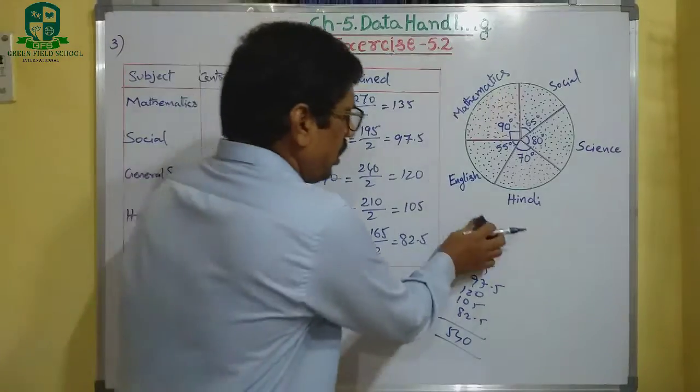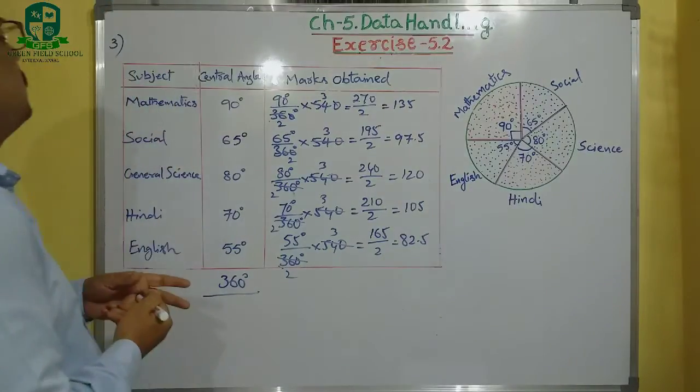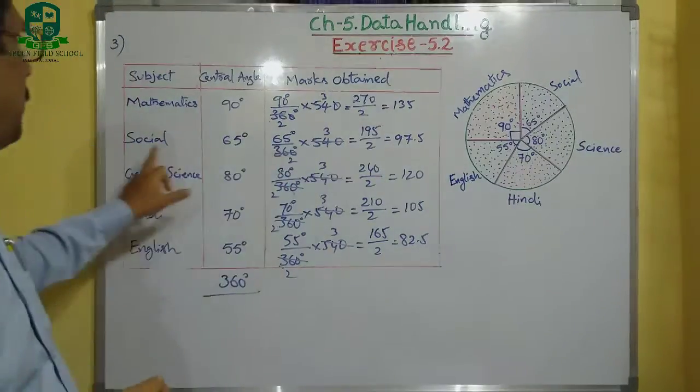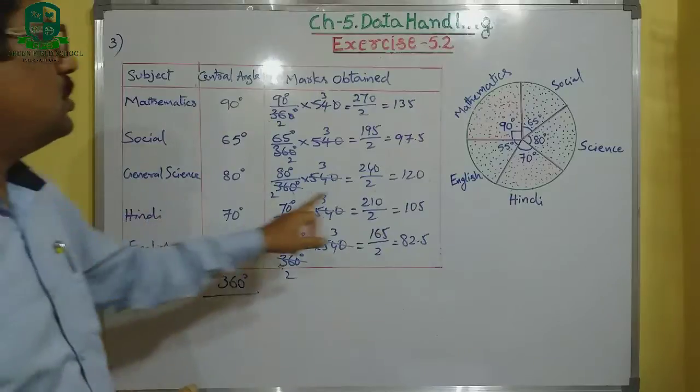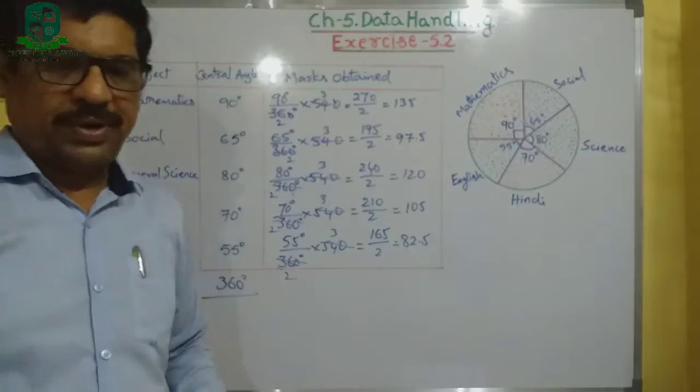It is correct. Now, these are the marks of the student in different subjects: Mathematics 135, Social 97.5, General Science 120, Hindi 105 and English 82.5.